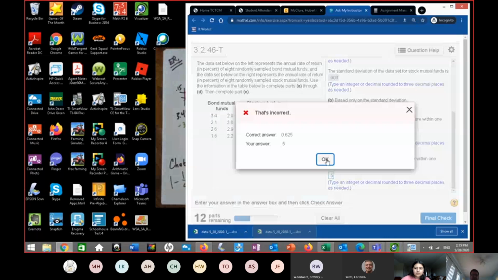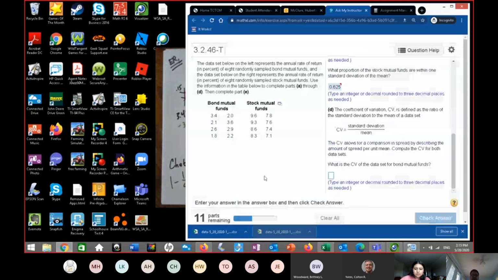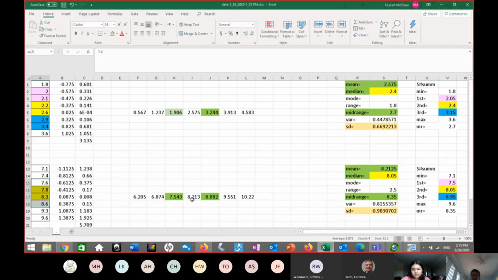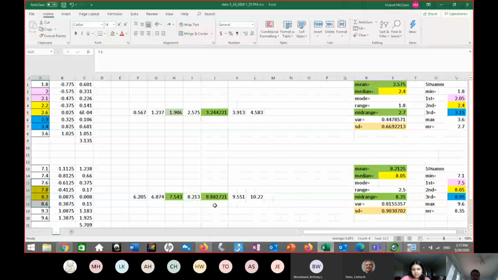I think it's 0.625. Let me look and make sure I did it right. Hold on. Let me go check my numbers right here. 0.8215. Maybe I need to do that.